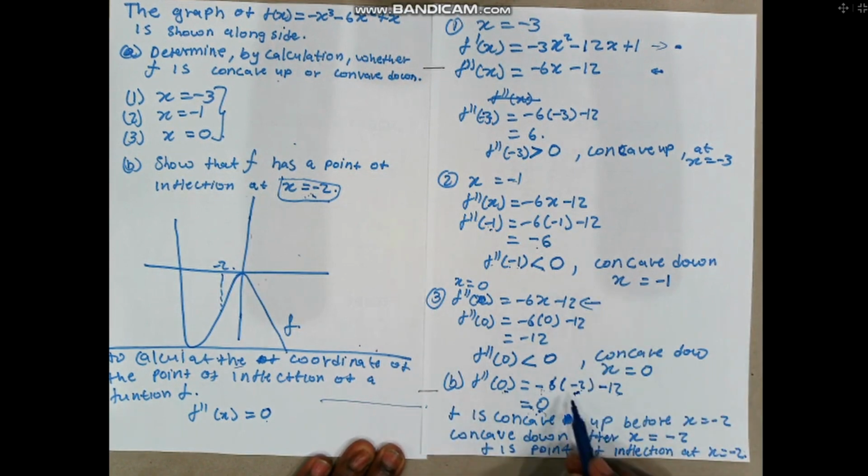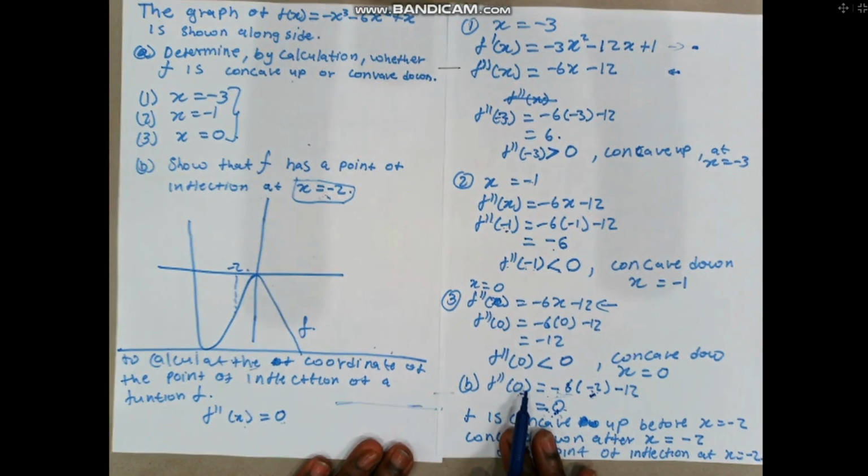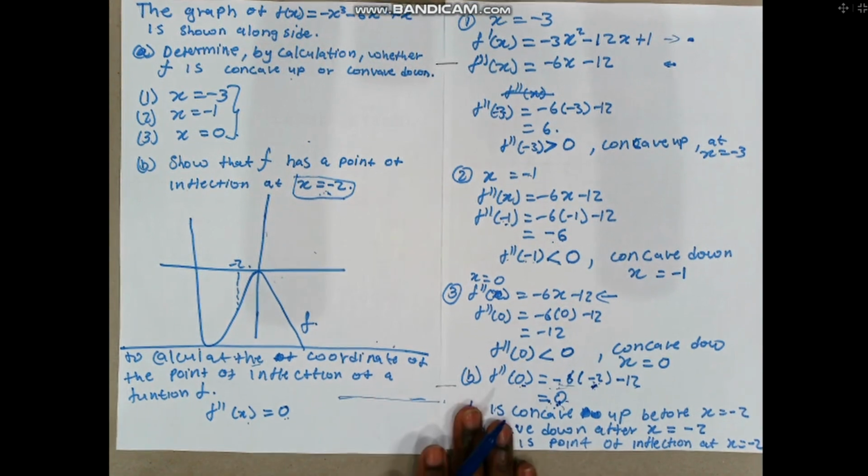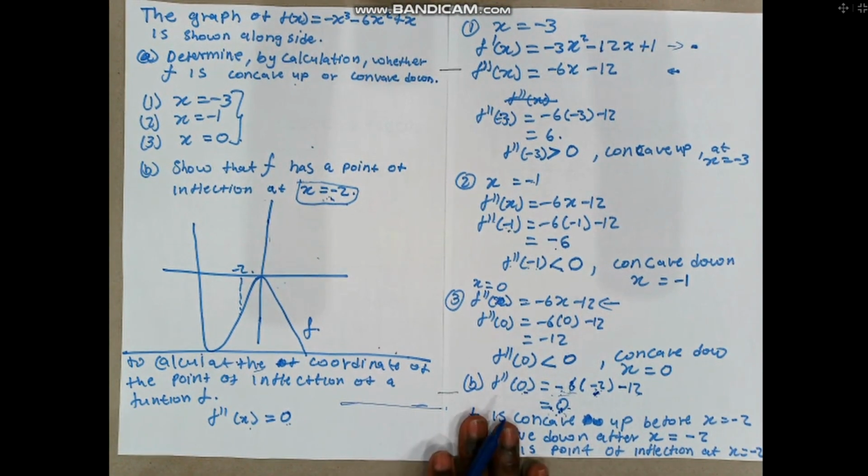When we do this, we get 0, meaning the second derivative at x is equal to -2 equals 0 is where the point of inflection is. Why do we equate our second derivative to 0 when we want the coordinates of the point of inflection? I hope we understand that one. Thank you.